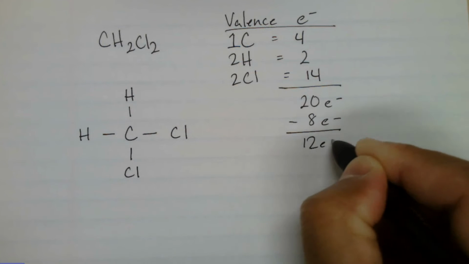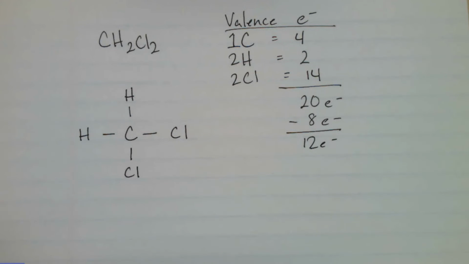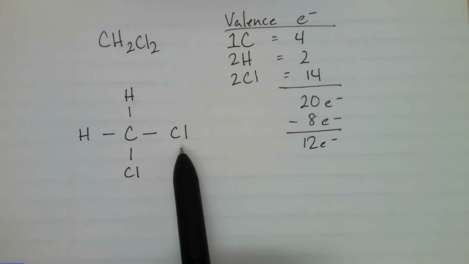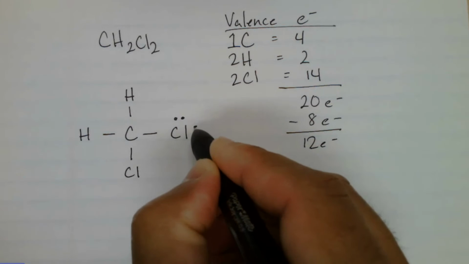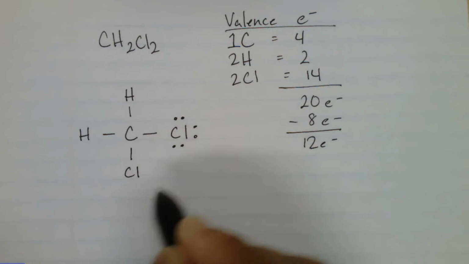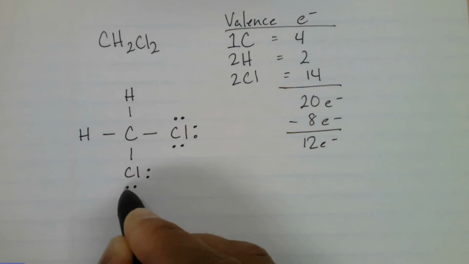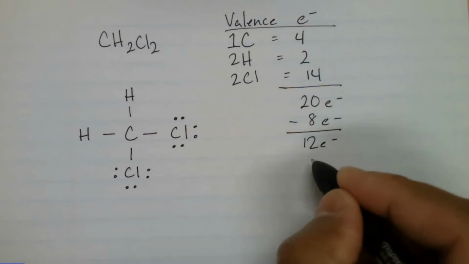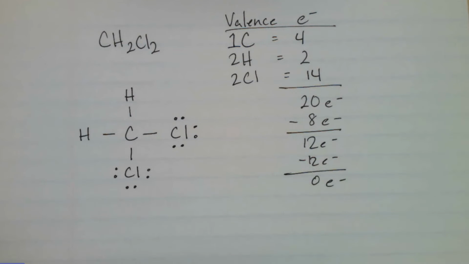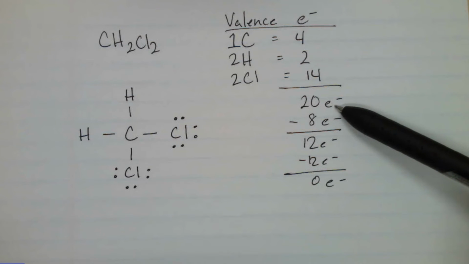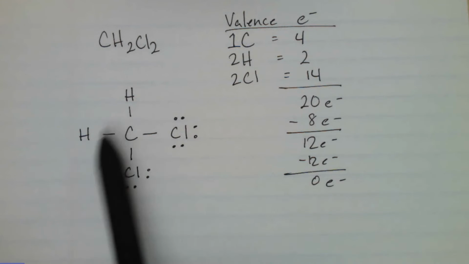That leaves us with 12 electrons remaining. And then the rule here, of course, is to satisfy the octet rule from the outside going in. So those 12 valence electrons will go as 3 pairs on this chlorine and 3 pairs on this chlorine. And this is what we want for Lewis structures. We counted 20 valence electrons, and we want to account for all 20 of those valence electrons.